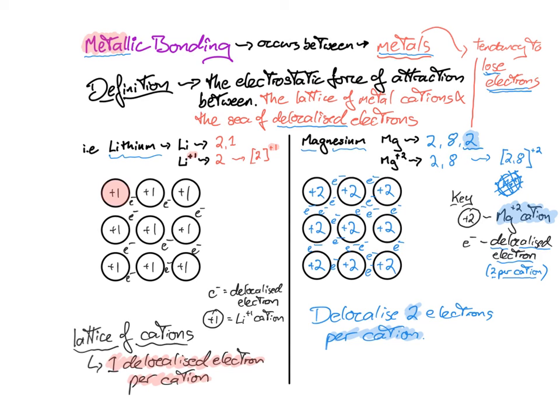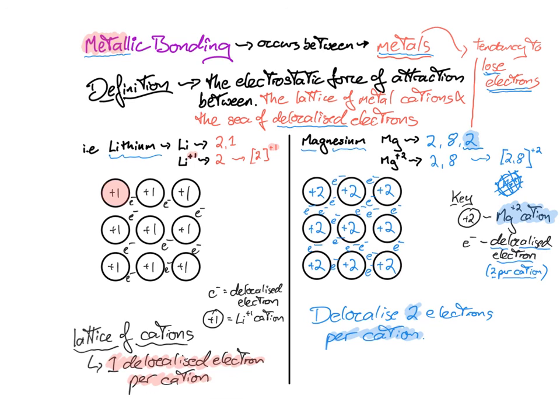We are going to delocalize them. The metals effectively allow the outer shell electrons to flow in and around and between the cations. And because we have those negatively charged delocalized electrons sitting in between the positively charged cations, the repulsions that are going to occur between the cations are overcome effectively by the attraction between the cations and the delocalized electrons, and it is that attraction that keeps the whole lattice together, and it is that attraction which is the definition effectively of metallic bond.